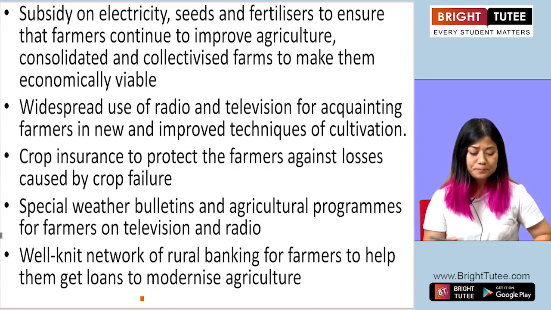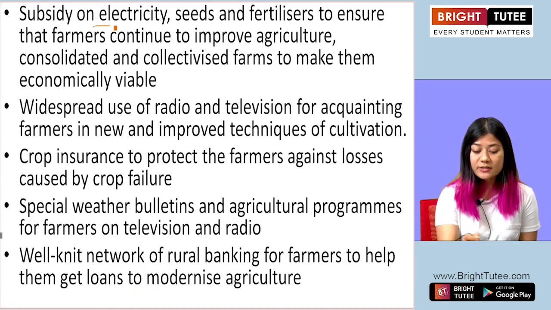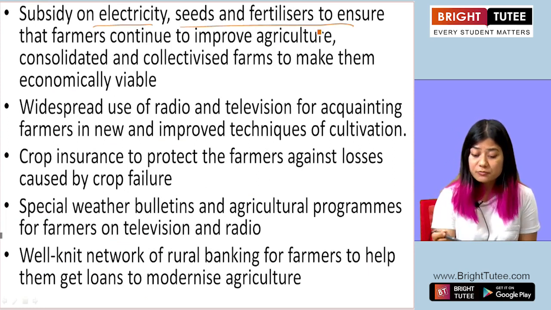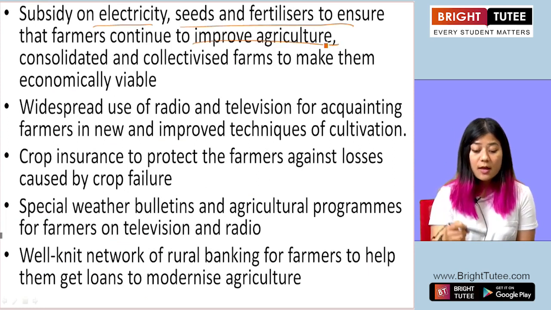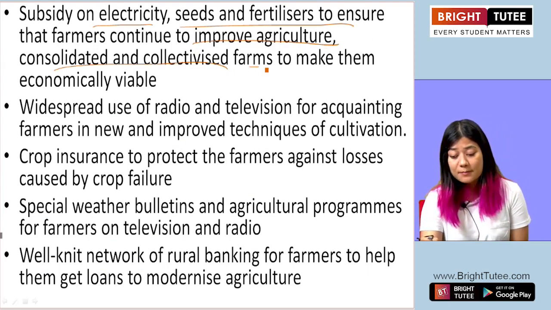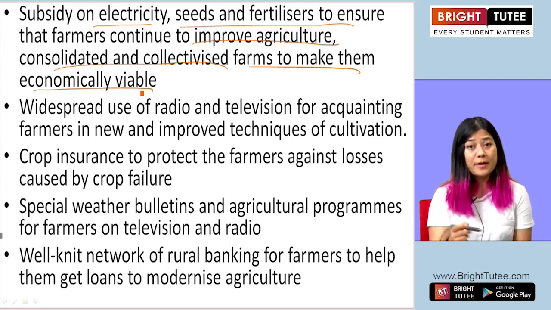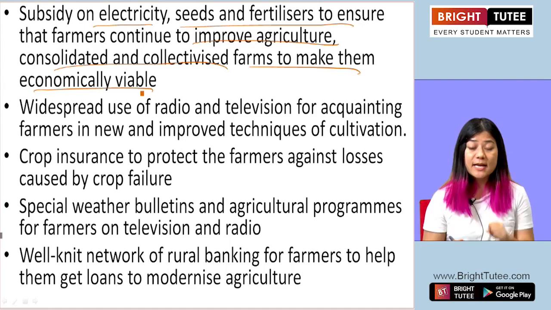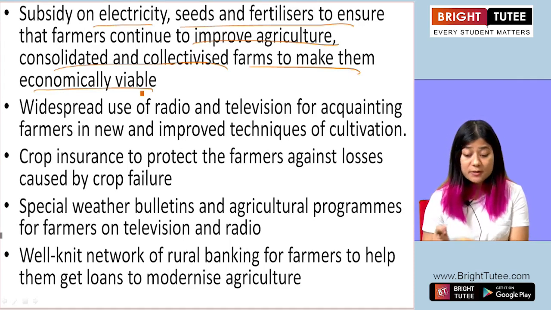Let's look at them. Subsidy on electricity, seeds and fertilizers to ensure that farmers continued to improve agriculture. That was done. Consolidated and collectivized farms to make them economically viable. So the land holdings were consolidated and collectivized, and did not become individualized.